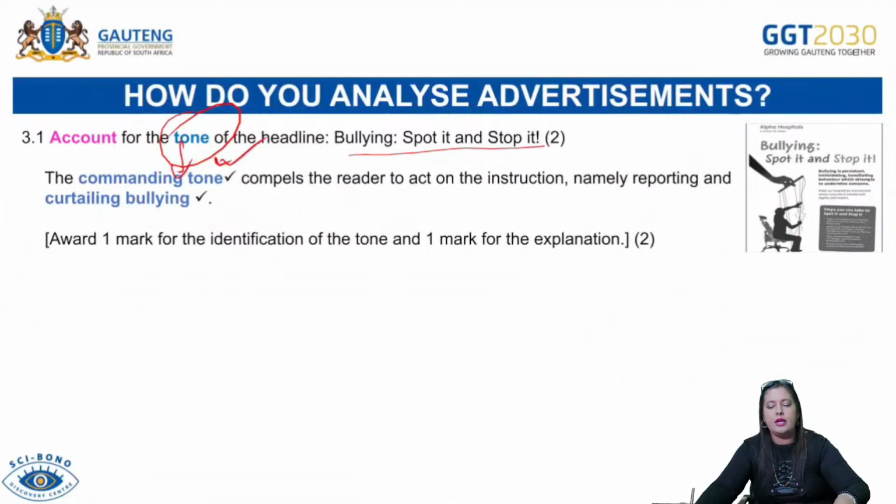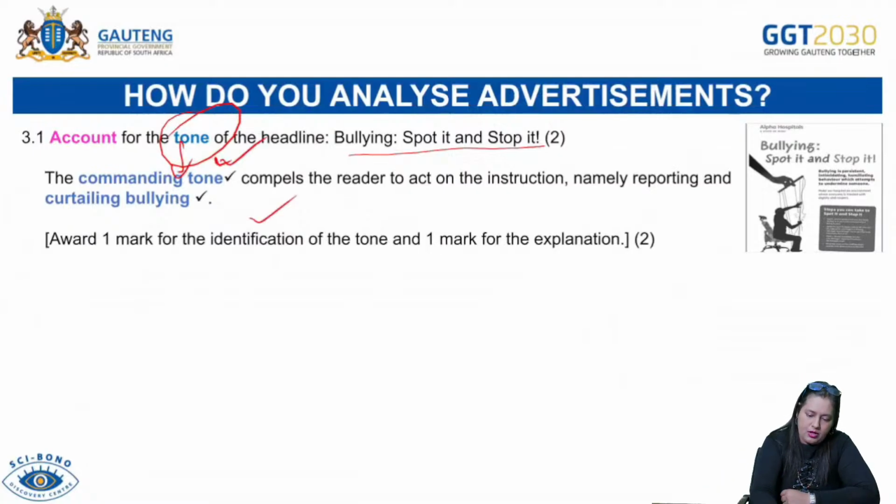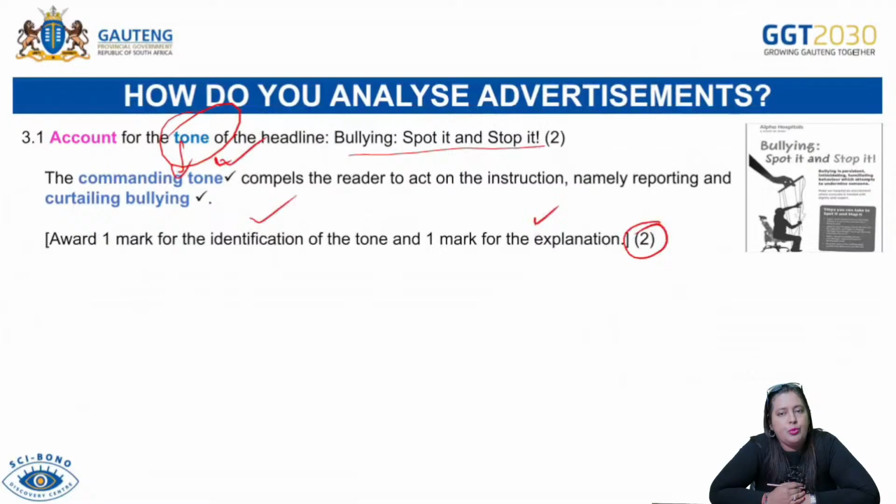Stop it immediately. And how do you do that? You take action in terms of reporting it. And therefore, by doing that, you will curtail the experience of being bullied. So you're going to get 1 mark for the identification of the tone, and 1 mark for the explanation, which then gives you the 2 marks.